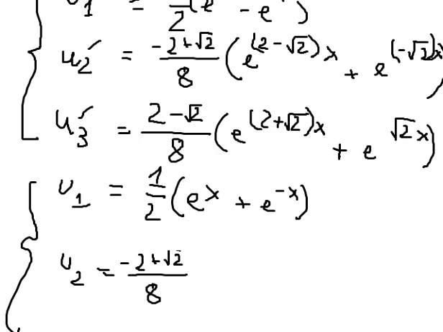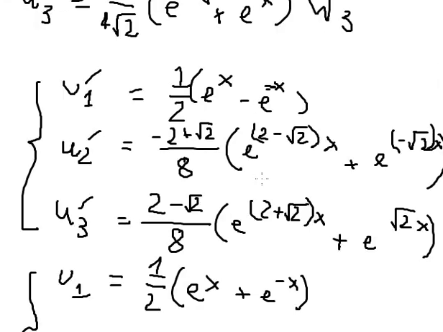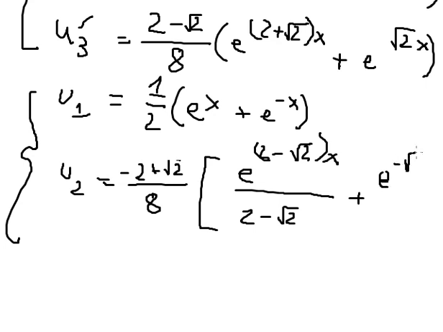And this one we will have about e to the power of 2 minus the square root of number 2 over s over number 2 minus the square root of number 2. And the next one, e to the power of negative with the square root of number 2s over the negative of the square root of number 2.